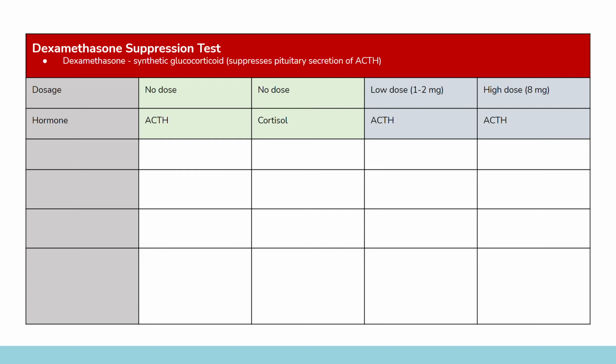Then we give them a high dose and retest their ACTH. So what we're trying to see is how the ACTH levels change after you give the dexamethasone compared to originally. So we basically describe it as suppressed or not suppressed. So if it's the same as before or if it's lower than before.